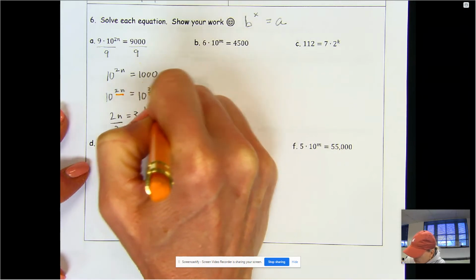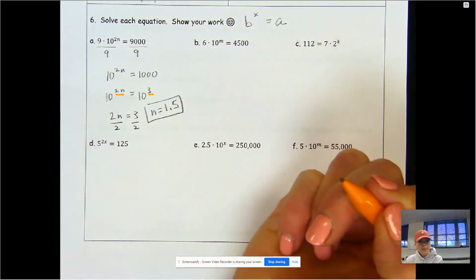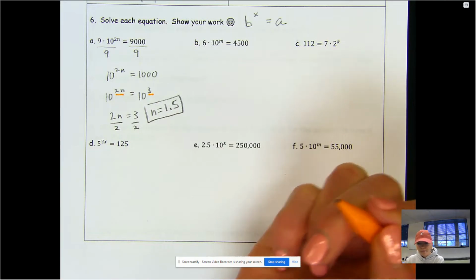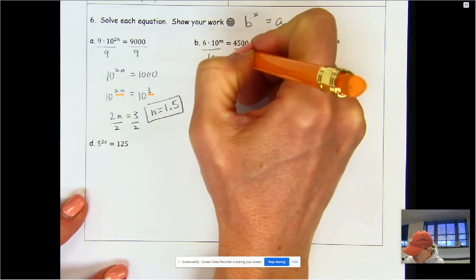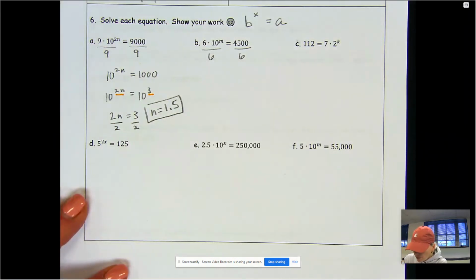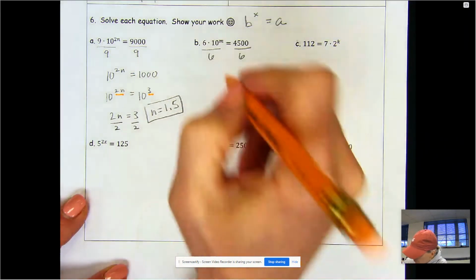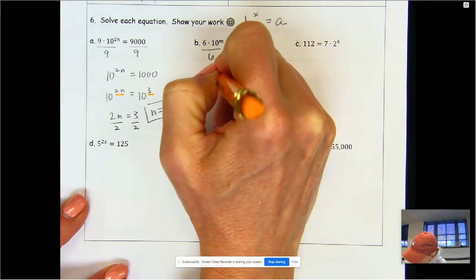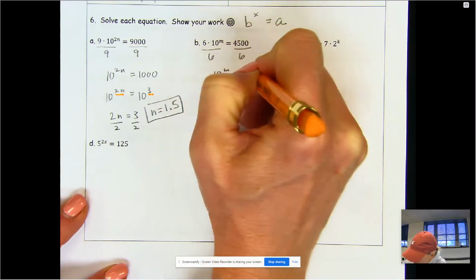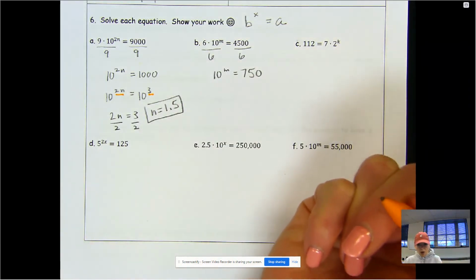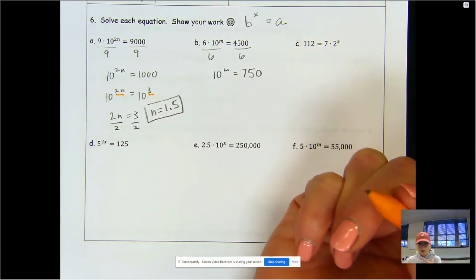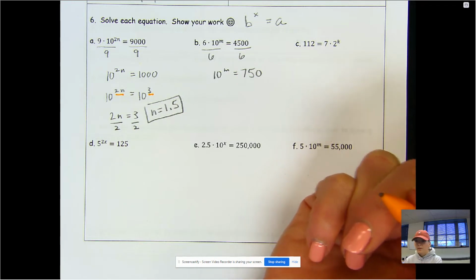Either answer is great. Okay, on B, we're going to divide by 6 to get 10 to the m by itself. So 4,500 divided by 6 is 750. So 10 to the m is equal to 750. Now, 750 is not a power of 10, and so this would be a great time to use a logarithm.